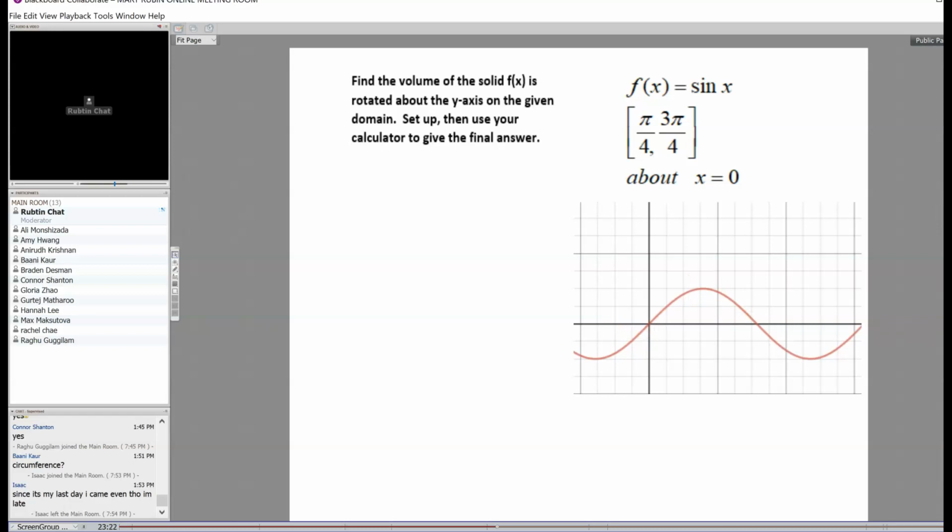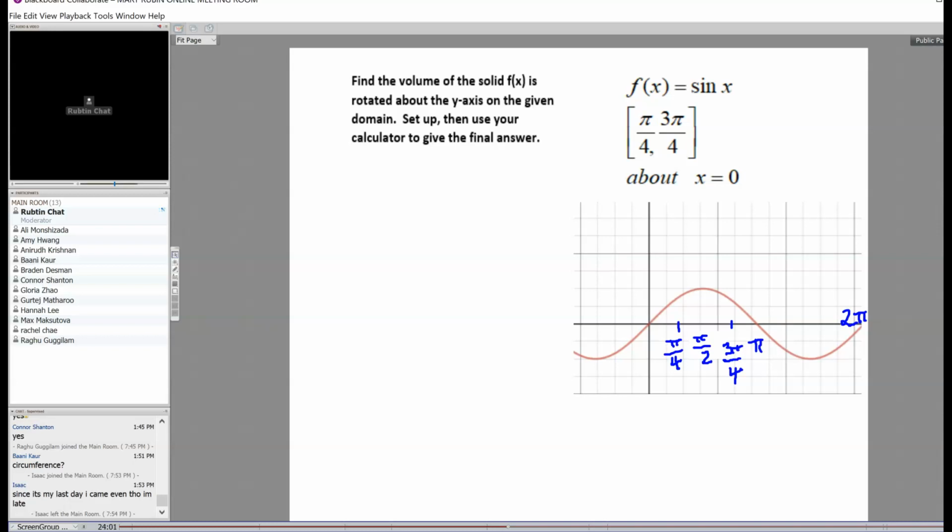So let me shade in what we're talking about. This is 2 pi over here. This is pi. Pi over 2. And here we're concerned with, okay, pi over 4 is like here, and 3 pi over 4 is like here.